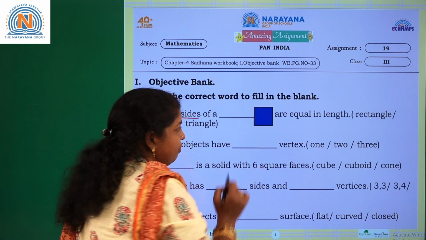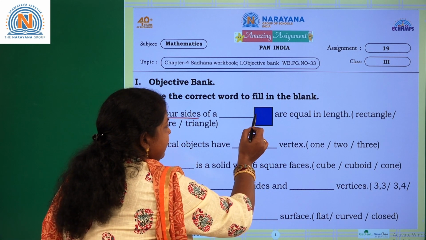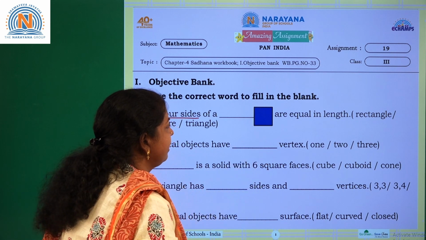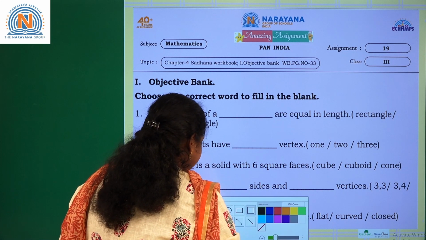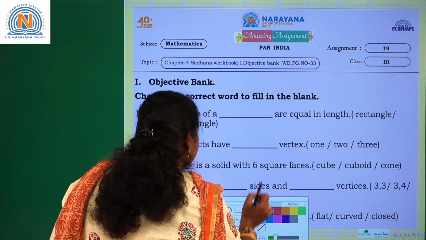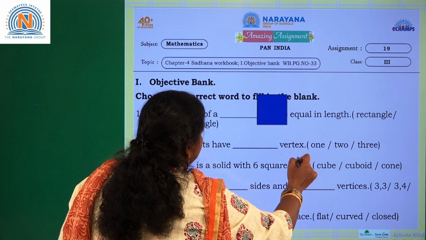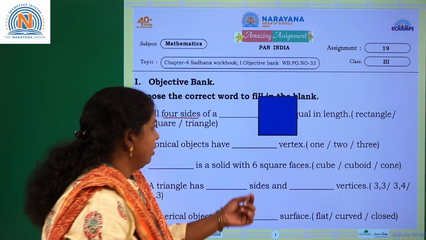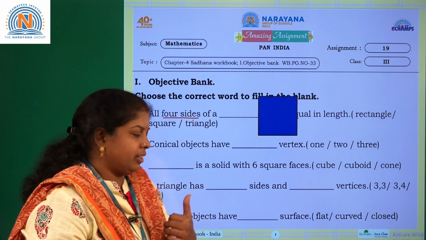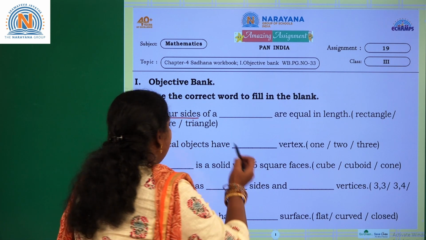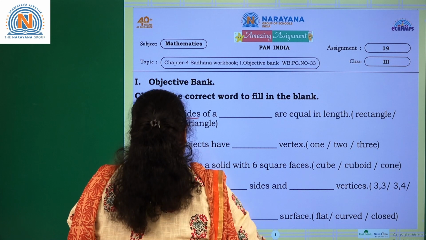Can you have a look at this figure? All four sides are equal in length. In a square, all four sides are equal in length, right? So, you have to choose the answer square.